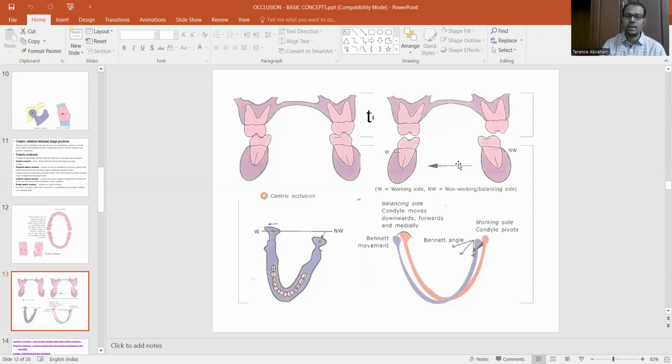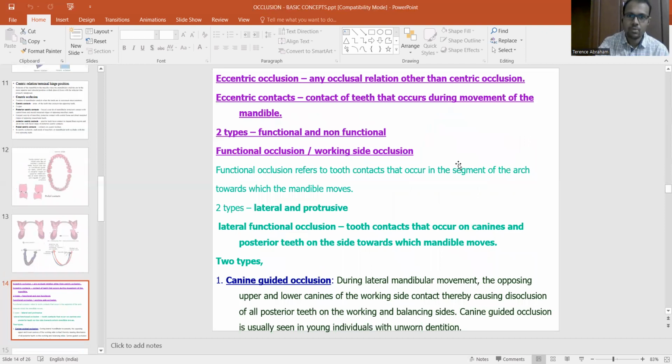When we shift the mandible to the right side, the right condyle will pivot inside the glenoid fossa and the left condyle glides in the medial, forward and downward direction. That movement of the condyle on the non-working side is known as Bennett movement.